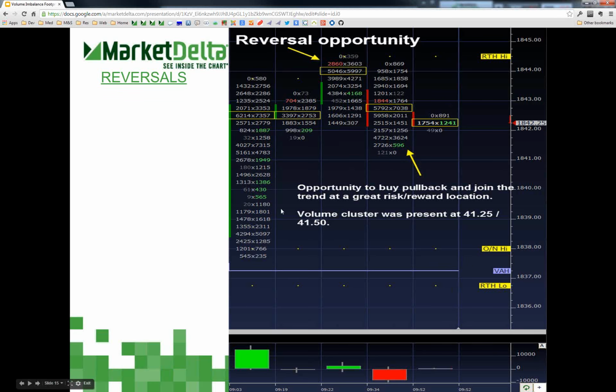Now, the market had rallied up here, pulled back, tried to go higher, and then failed and came back down. This right here, you could use this as an opportunity to buy the pullback and join the bigger trend.